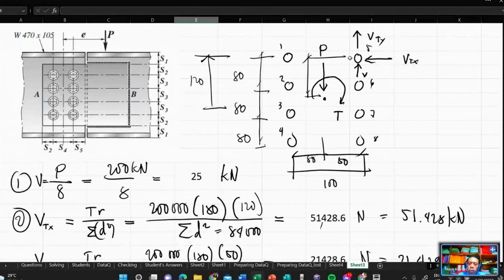Then your VTX is to the left. Then you get the resultant of these three, which is the square root of the sum of the vertical components squared plus VTX squared. Understood?